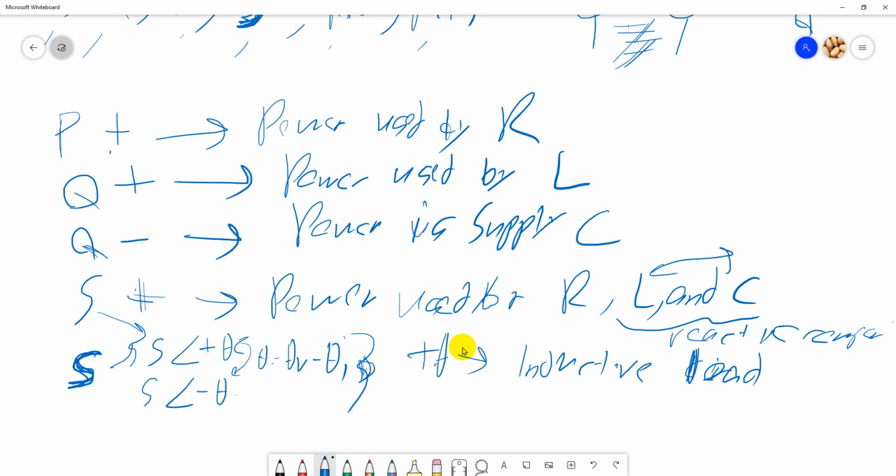And if the theta is negative, you know that this is a capacitive load. So you can say that the circuit is inductive or capacitive based on the angle of the apparent power. So based on this, you need to know the characteristic.